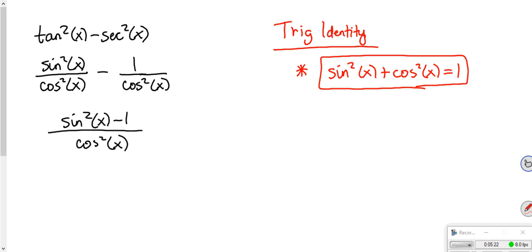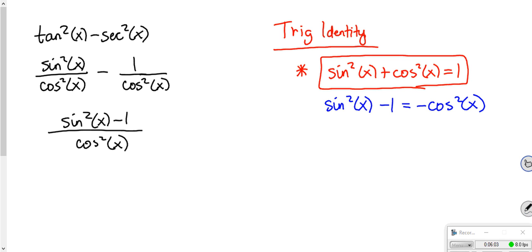Okay, so what would sine squared x minus 1 be? Well, sine squared x minus 1, if I rearrange this trig identity over here, if I have sine squared x and I pull the negative 1 over, then that means I have to pull the cosine squared over. That is negative cosine squared x. I just rearranged that trig identity. I subtracted the negative 1, moved it to the left, subtracted the cosine squared, moved it to the right. Well, isn't that what our numerator is, sine squared x minus 1?